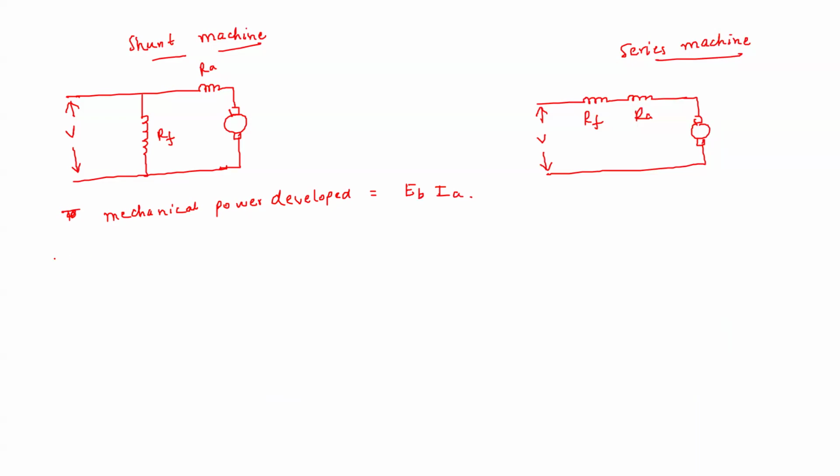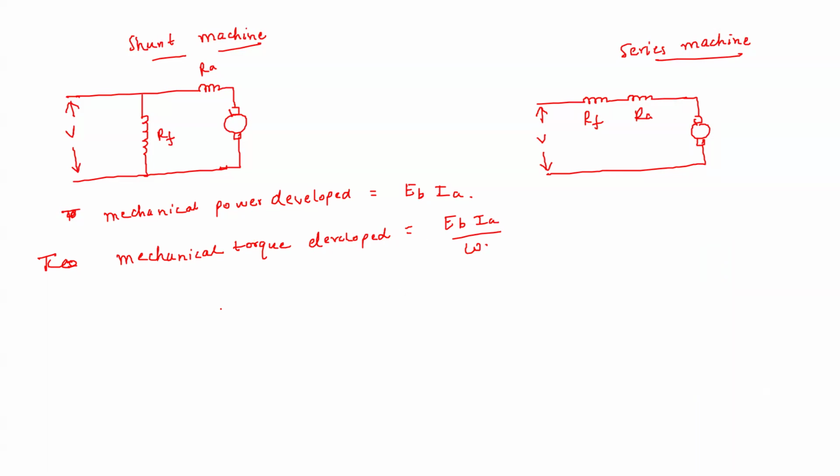And we know that the mechanical torque developed is proportional to EB IA by omega, because torque into omega is power, and because we are calculating the torque, the torque will be power divided by omega.